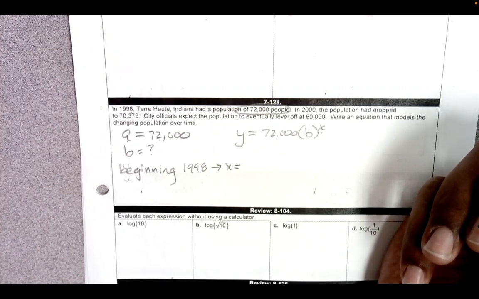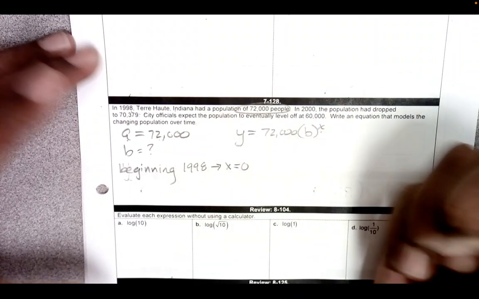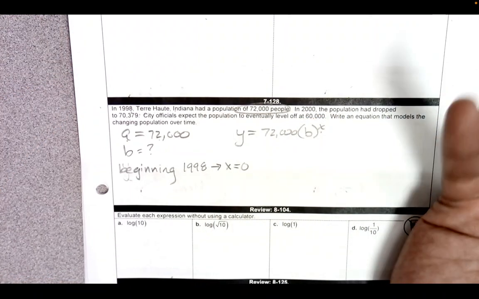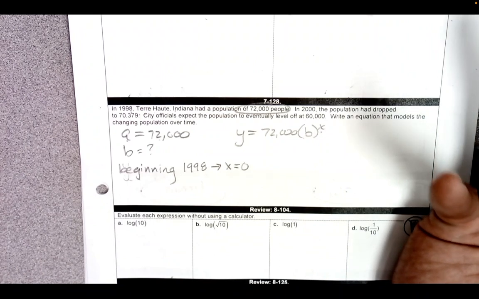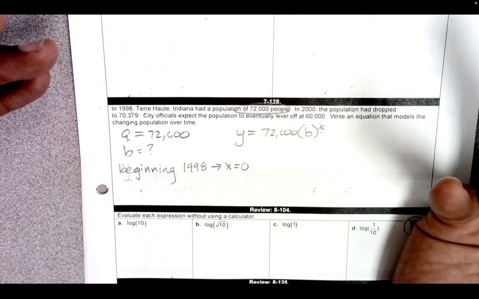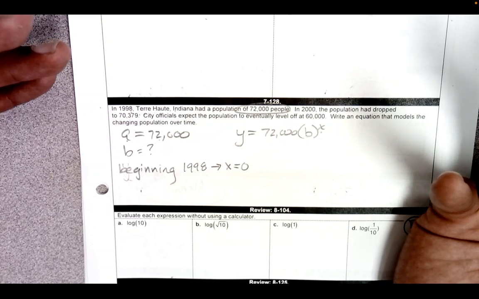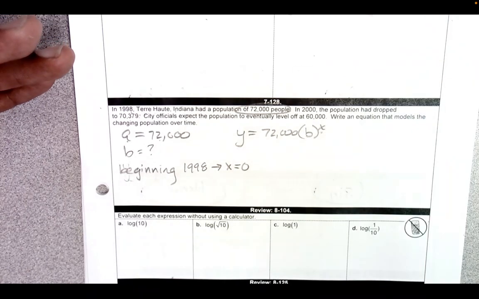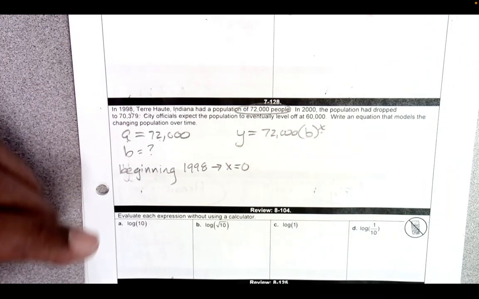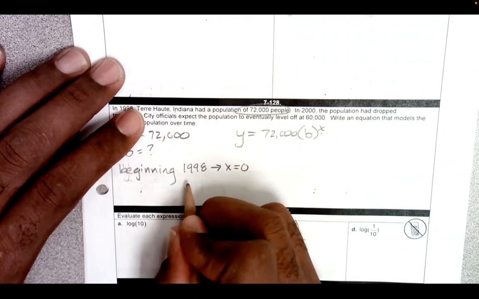What number do we use to represent the beginning in anything? 0. When you were born, you were 0 years old. My son just had his first birthday, but when he was born, he wasn't 1. He was 0. So 1998 is 0. That's year 0.